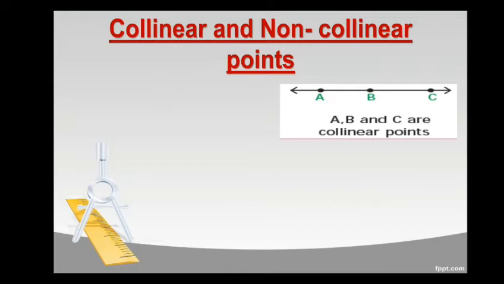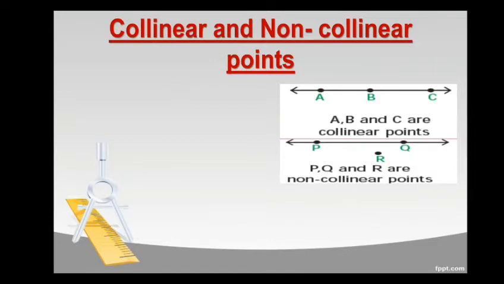Here we have three points A, B and C. A, B and C are on the same line, so A, B and C are collinear points. Suppose we have three points P, Q, R. P and Q are on the same line and R is not on the line. Then P, Q and R are non-collinear points.